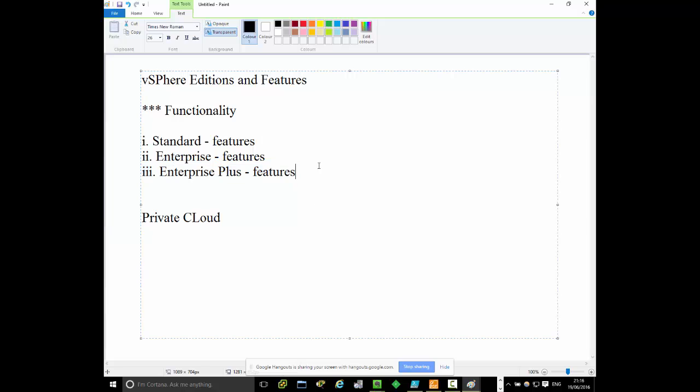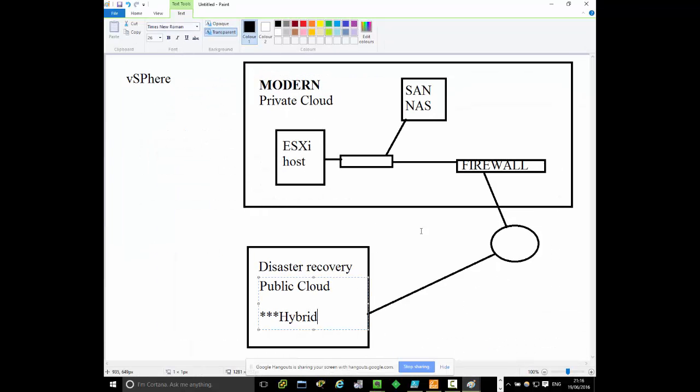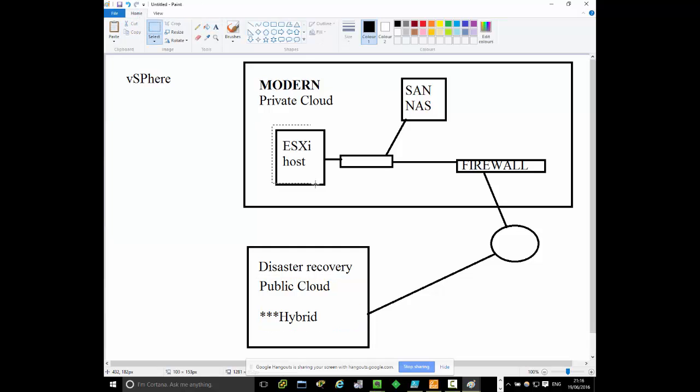Here's one other thing. VMware has another product called vCenter Server. vCenter Server is a server that provides management. Let's go back: you have an ESXi host, and let's say you now have two ESXi hosts in your data center.